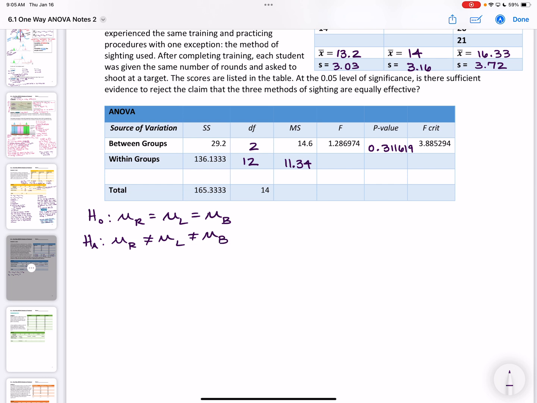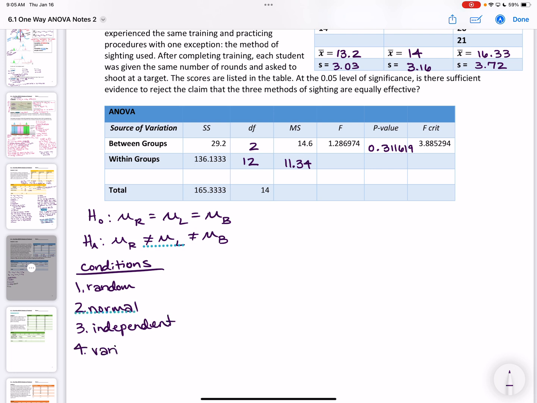For the conditions, you check the first three for each of your groups, right? So they have to be random samples, they have to be normal, they have to be independent. And then the fourth one, which is new for ANOVA, is that the variances are similar.